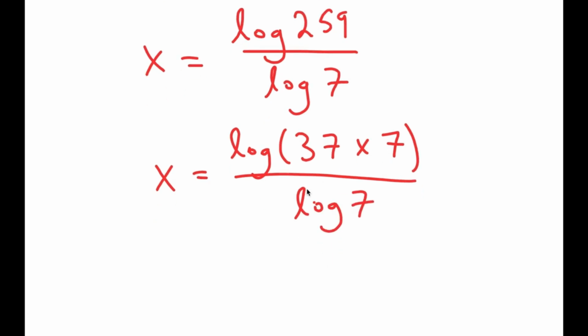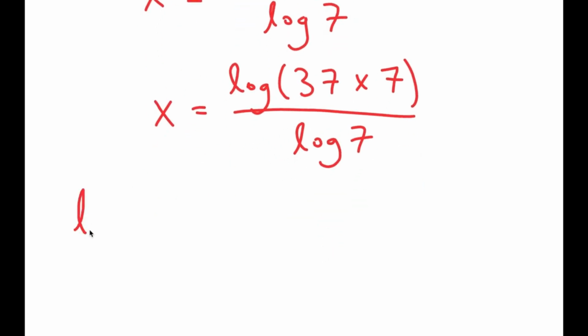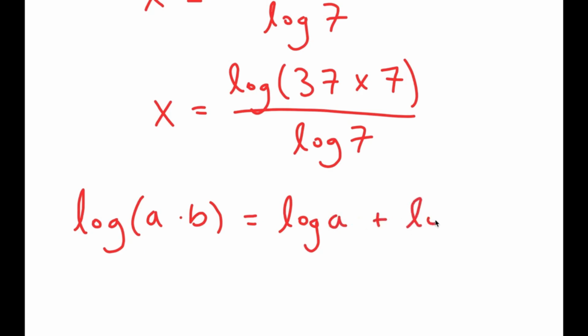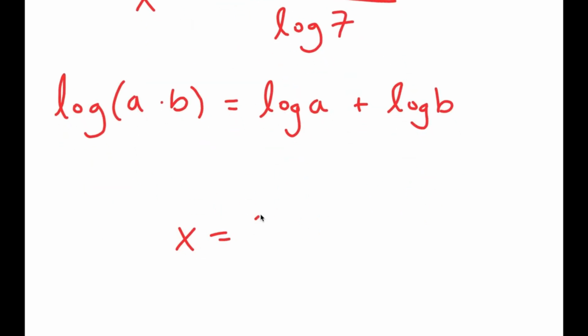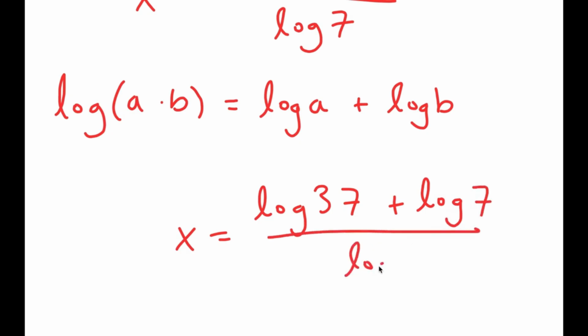Now another helpful property of logarithms is that if I have something in the form log a times b, this is equal to log a plus log b. So in this case, log 37 times 7 is going to turn into log of 37 plus log of 7 over log of 7.